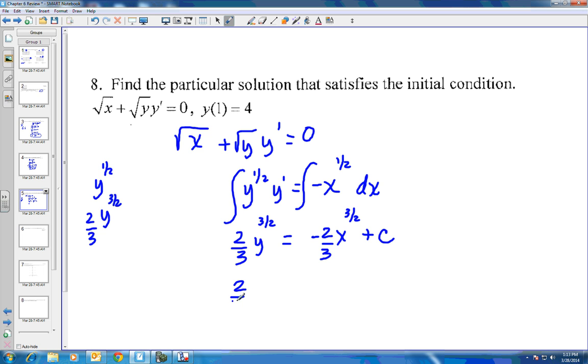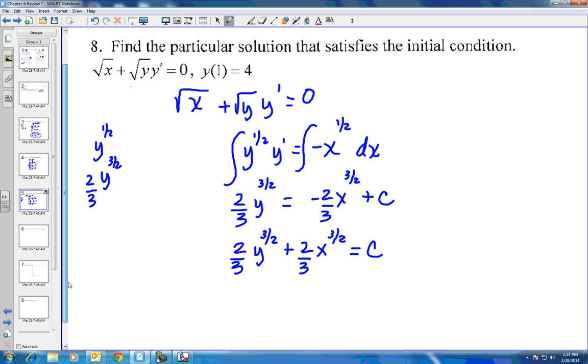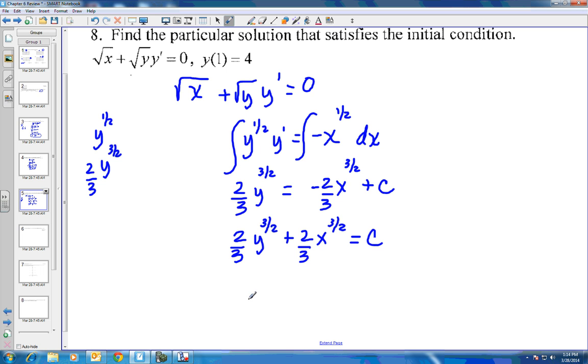So I have 2/3 y to the 3/2 plus 2/3 x to the 3/2 equals c. Can I go ahead and get rid of those 3's? So I have 2y to the 3/2 plus 2x to the 3/2.